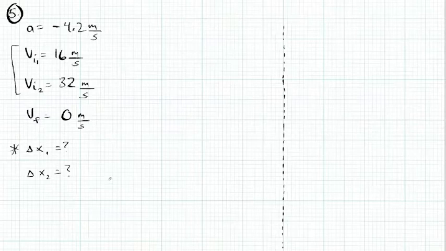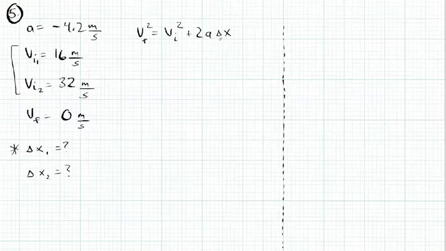Well, equation 5 of our derived acceleration velocity equations should do that for us. Equation 5, I'll write it up above here, if you recall, was final velocity squared equals initial velocity squared plus 2 times a, or acceleration, times the displacement, or delta x.